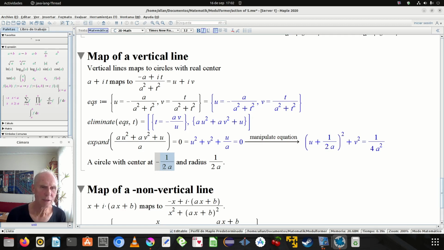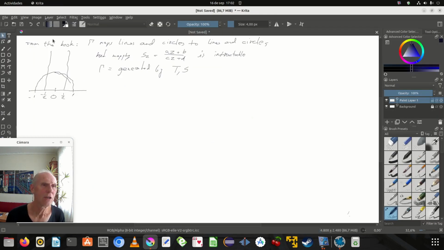So that means it's a circle with rational center, so it has center in a cusp, and then it goes through naught, and that's of course the point at infinity, which maps to naught. That's what S does.